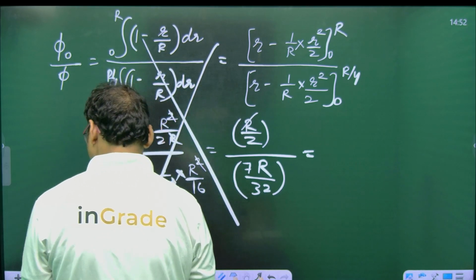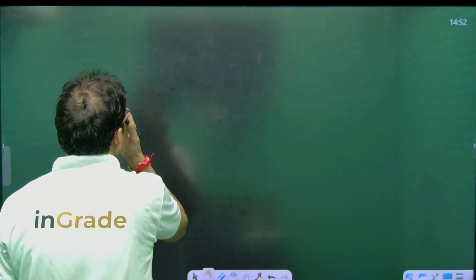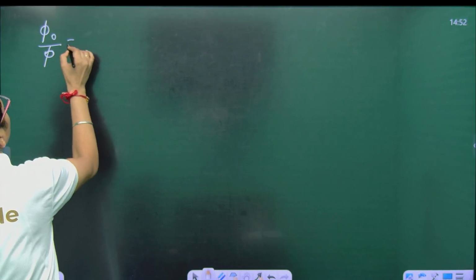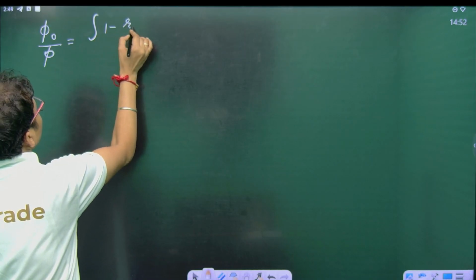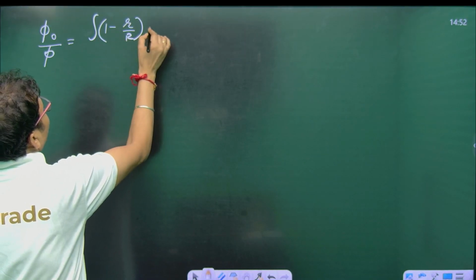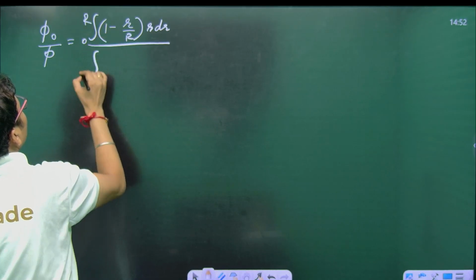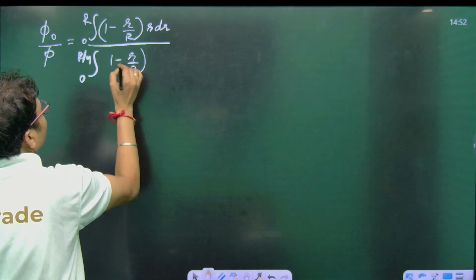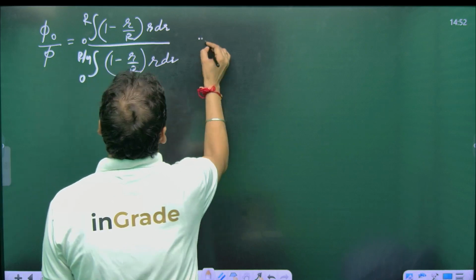Our integration should have been like this: phi naught upon phi is equal to the integration of (1 minus r by R) r dr from 0 to R, divided by the integration from 0 to R by 4 of (1 minus r by R) r dr. This should have been our expression.